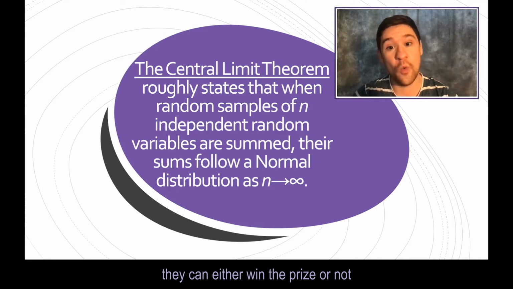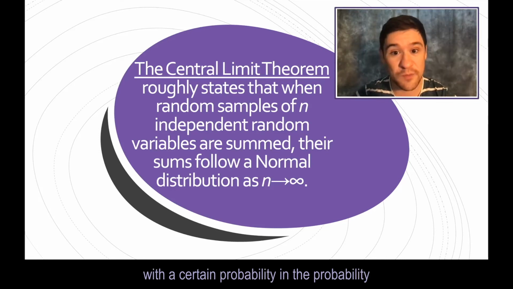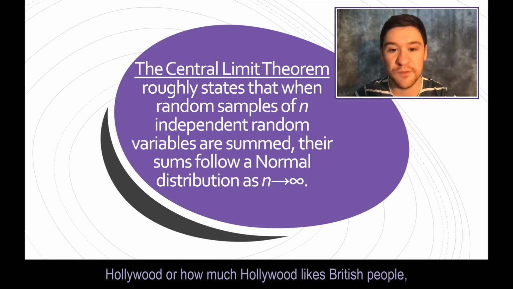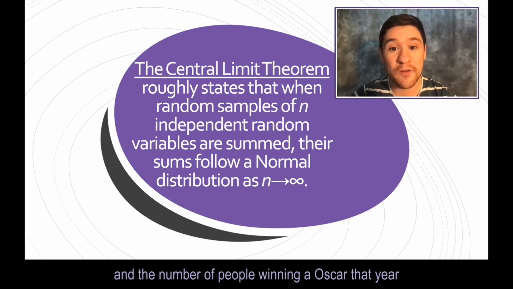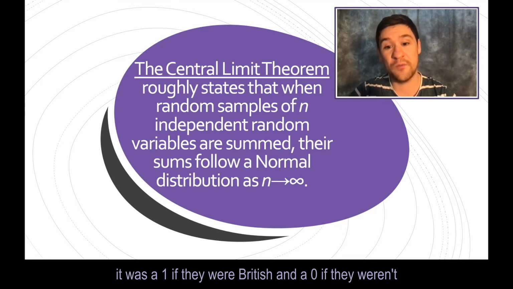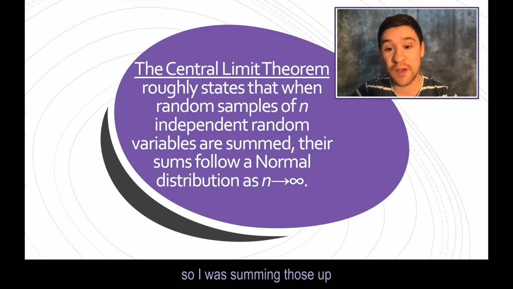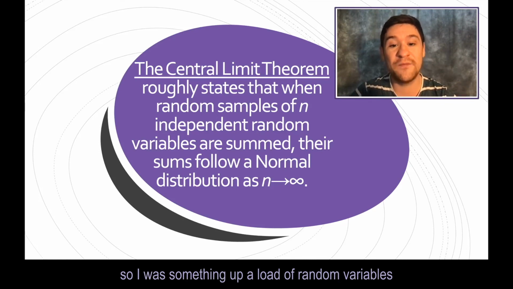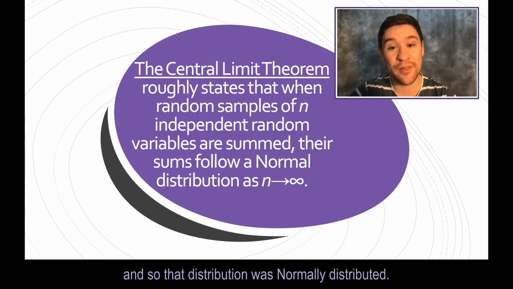They can either win the prize or not with a certain probability. And the probability is how many British people there are in Hollywood, or how much Hollywood likes British people. And the number of people winning an Oscar that year is a sum of all the people winning prizes that year. It was a 1 if they were British and a 0 if they weren't. So I was summing those up to get the count of how many British people there were. So I was summing up a lot of random variables, and so that distribution was normally distributed.